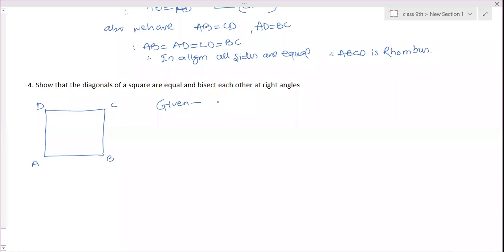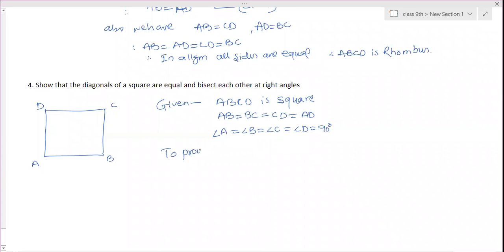What is given? ABCD is a square. So square, that means what we know about square: all sides equal and all angles are 90 degrees. AB is equal to BC is equal to CD is equal to AD. Angle A is equal to angle B is equal to angle C is equal to angle D, that is equal to 90 degrees. What we have to prove?